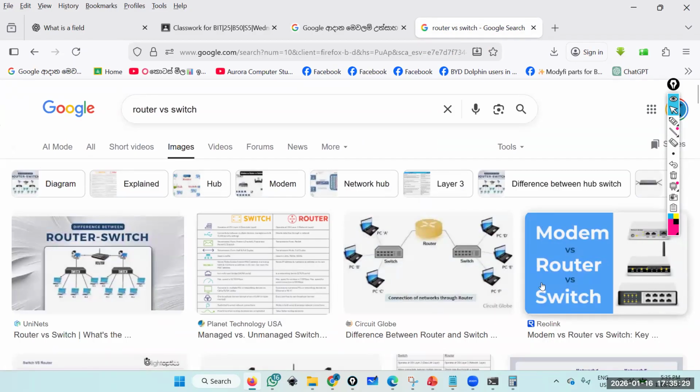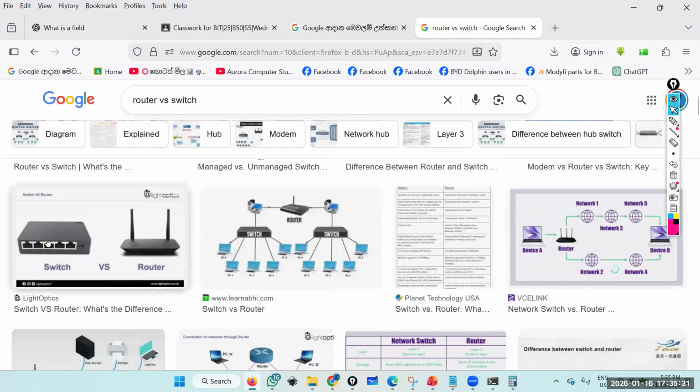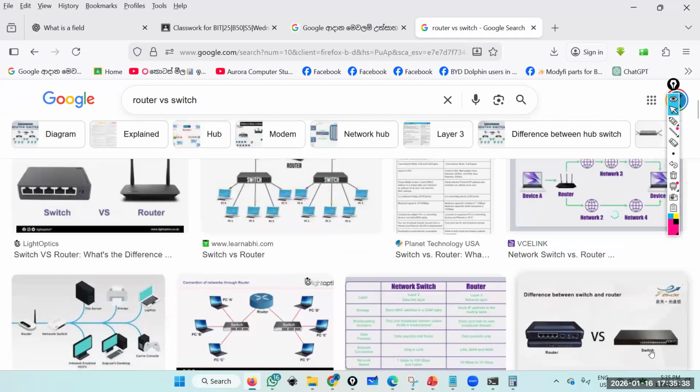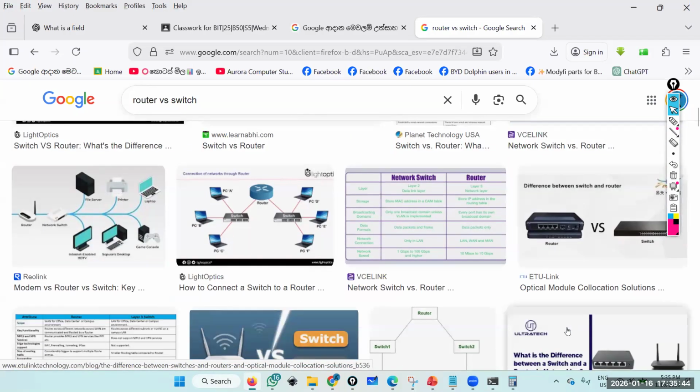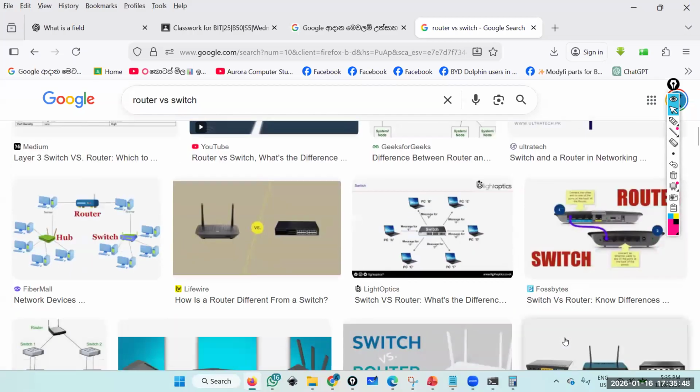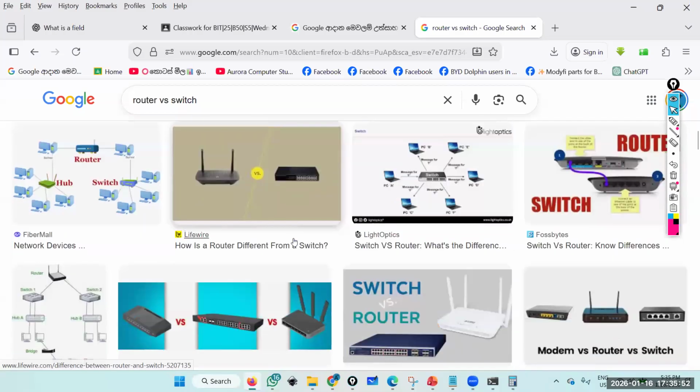Of course, these days we don't use modems. You can see it looks pretty much the same. Of course, this is a wireless router. By the look of it, you can't say which one is the router and which one is the switch, but the internal functionality is different. And these days, more and more routers are wireless as well, but a switch can also be wireless.